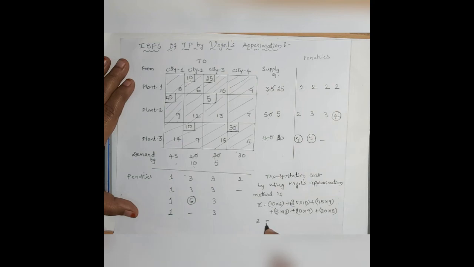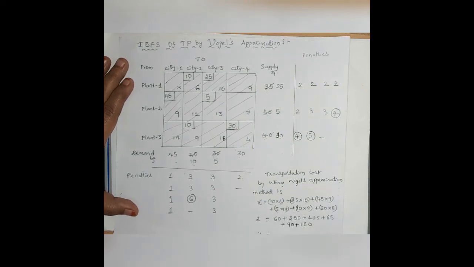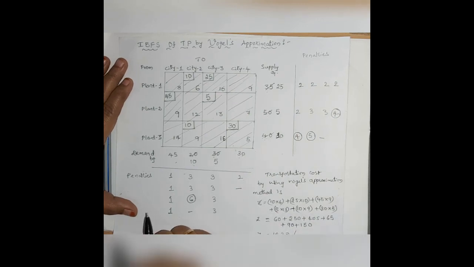So Z is equal to 10 into 6 are 60, 25 into 10 is 250, 45 into 9 is 405, 13 into 5 is 65, plus 10 into 9 is 90, plus 150. Okay, so now the transportation cost, if you sum them, it is 1020.